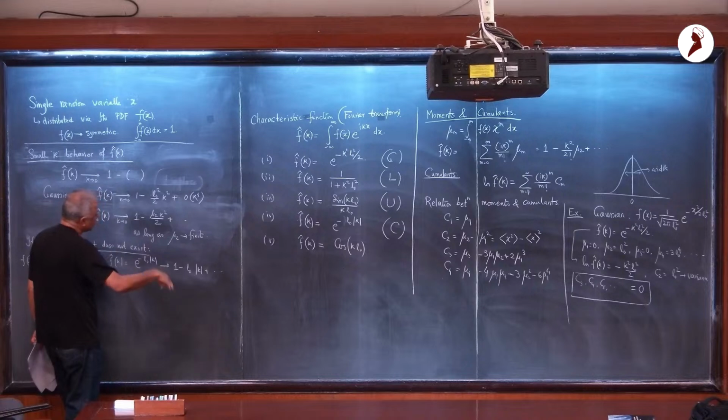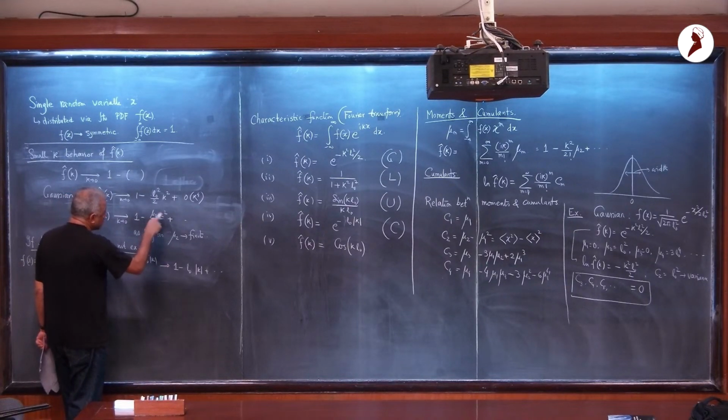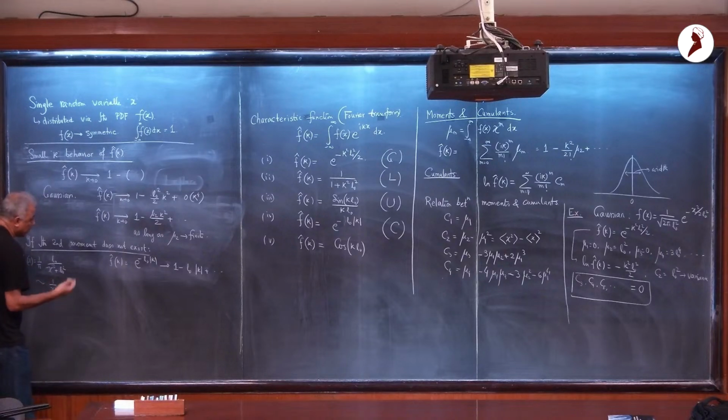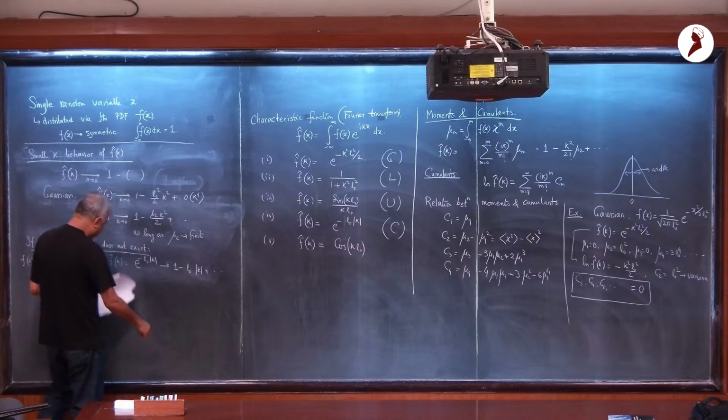For anything that decays very fast, such that the second moment exists, this is always an analytic function, at least for small k, and it always goes like k square. But whenever you have the second moment divergent, it becomes non-analytic. In the Cauchy case, this is 1 minus L naught mod k.